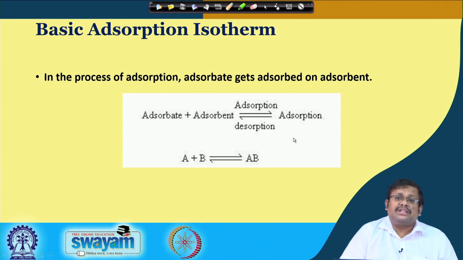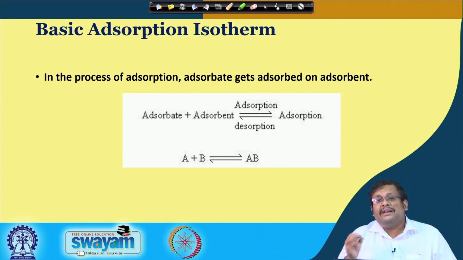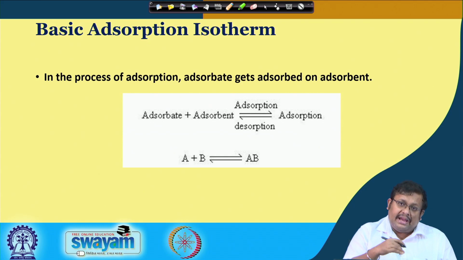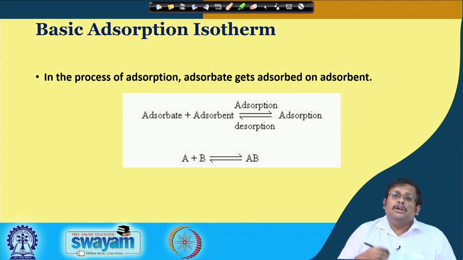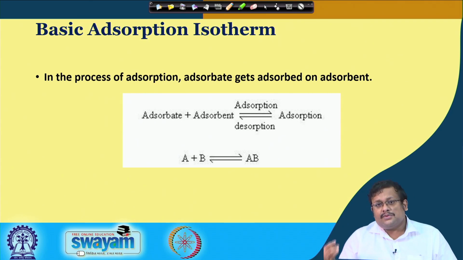The opposite reaction is known as desorption, where those adsorbed metal ions come back to the soil solution from the soil surface, from the clay surface. So, adsorption and desorption are opposite processes.